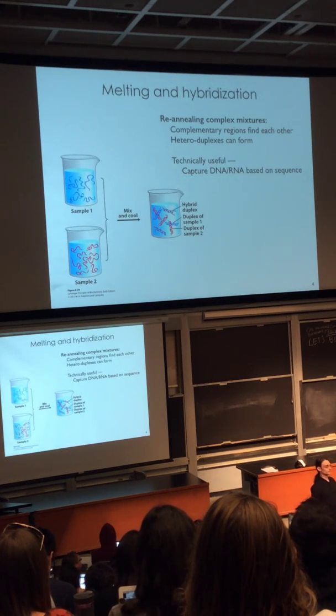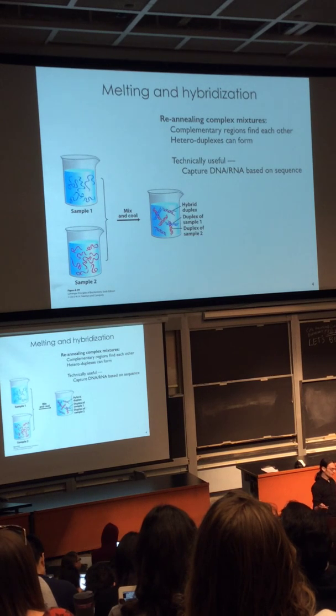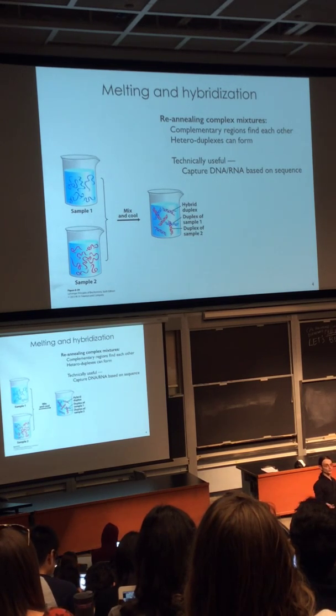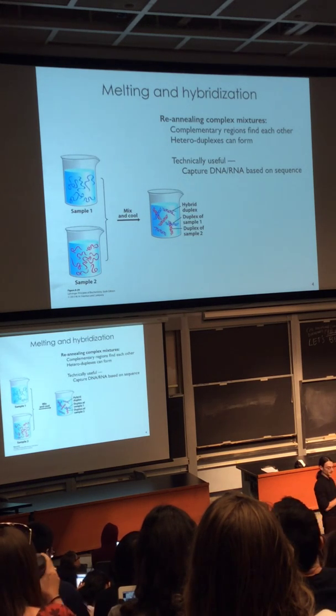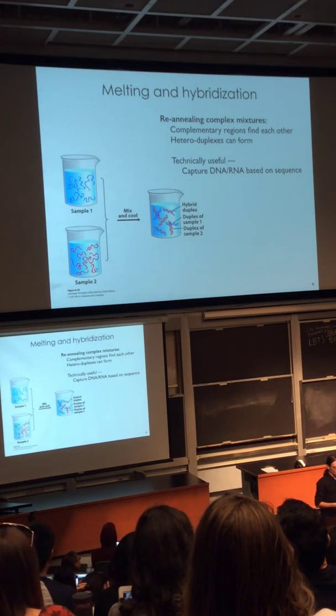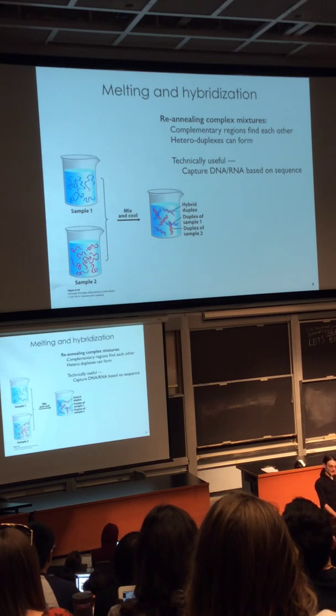So I mentioned the fact that you could melt apart strands of DNA. In fact, you melt them apart entirely in solution, and then when you cool them back down, they can find each other by base pairing and then sort of zip together. And if you have a situation where you've actually mixed two different DNA samples, they can form what are called heteroduplexes.